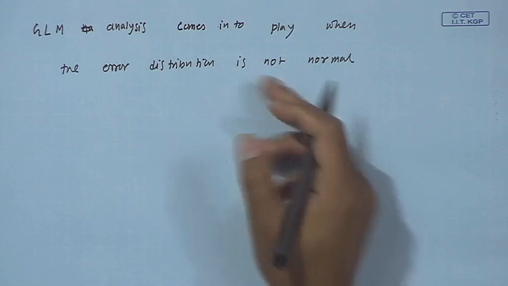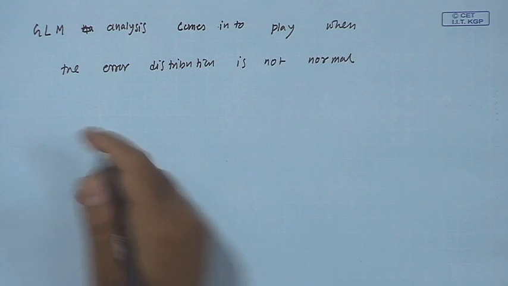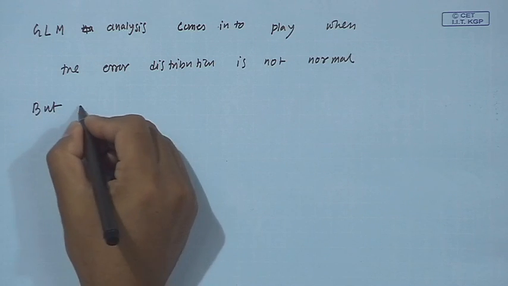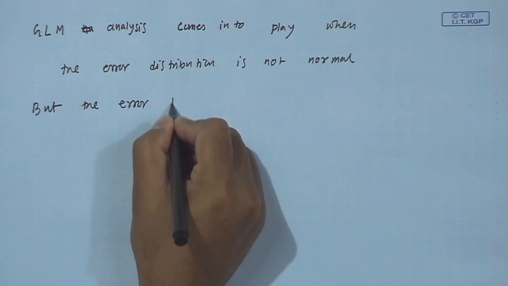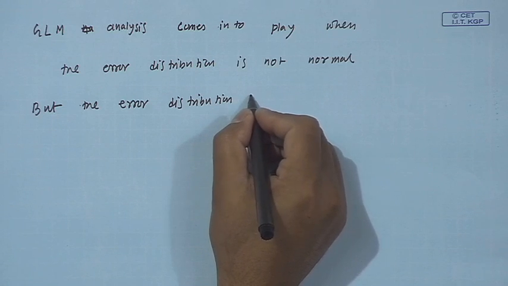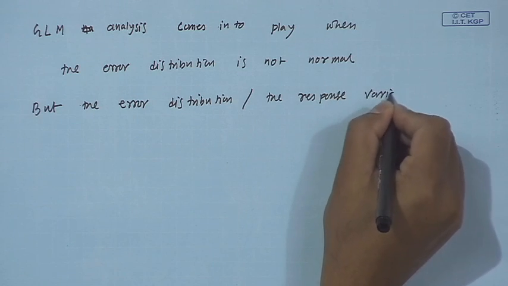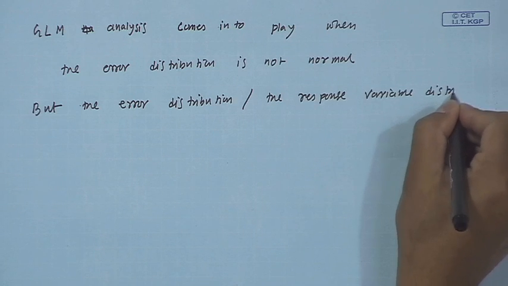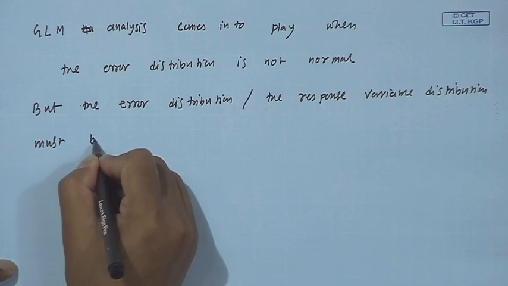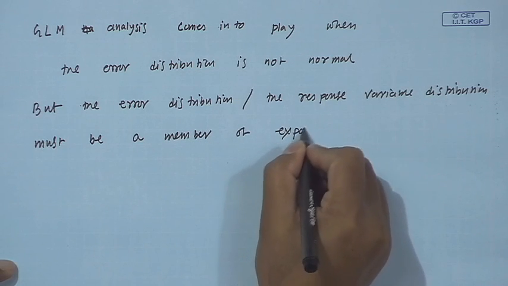So, the error distribution is not normal means the distribution of the response variable is also not normal, but let me make clear the fact that the error distribution, which is the same as the response variable distribution, must be a member of the exponential family.